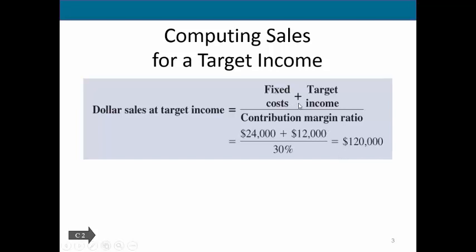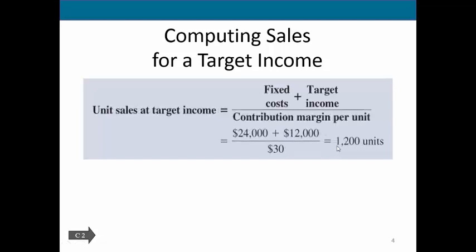If we want to earn a profit versus break even, we need to sell more. So $24,000 was our fixed costs, plus that target income of $12,000, divide that by 30%, and that tells us that in order to make a profit of $12,000, we need to sell $120,000 of our product.